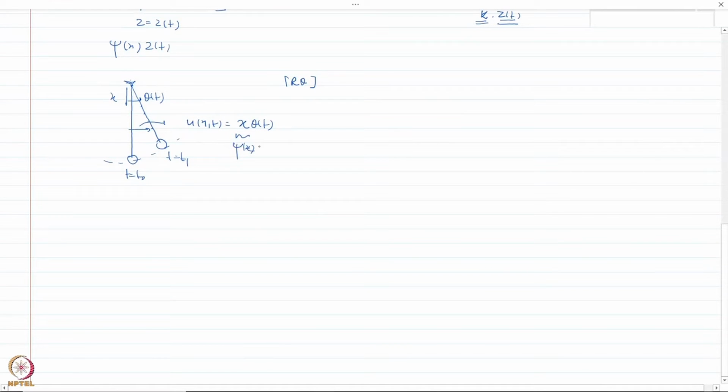This is a rigid pendulum, and the mass is hanging at the end of it. So x represents the shape function, which is a very simple function, and if I multiply this with theta t, which represents here the z t, the time variation, the multiplication of these two gives me the displaced position of each and every point on this body with respect to its original position.